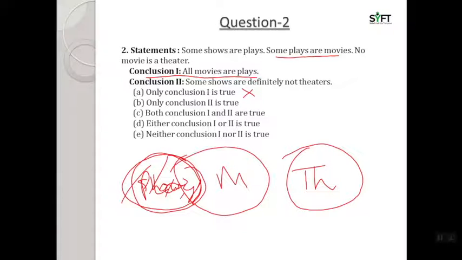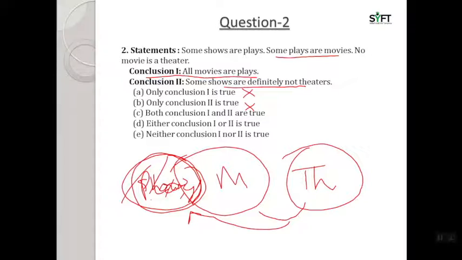Next, conclusion two is some shows are definitely not theaters. In this, we don't know, because theater lives outside. There is absolutely no relationship between either movie or plays, so we cannot conclude anything on whether a relationship between show and theater exists. So this choice is not true.